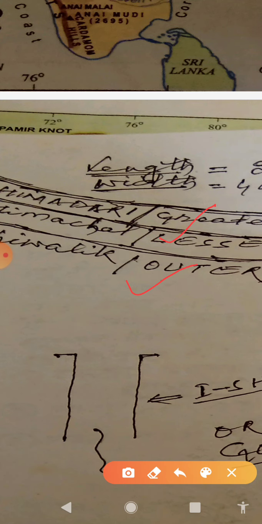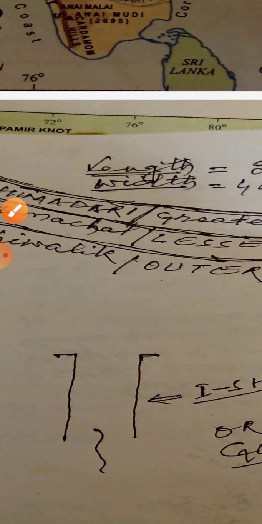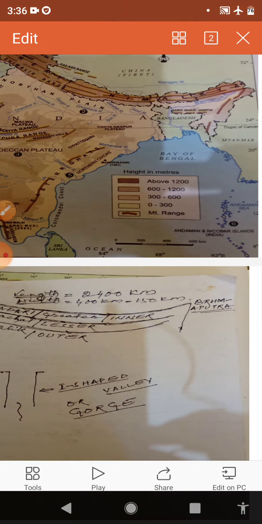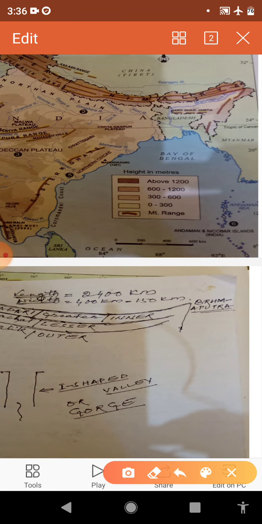After that, we will discuss the eastern side. You can see here, after reaching the gorge of Brahmaputra, the Himalayas take a southward turn, and in these southern parts we get a number of hills.